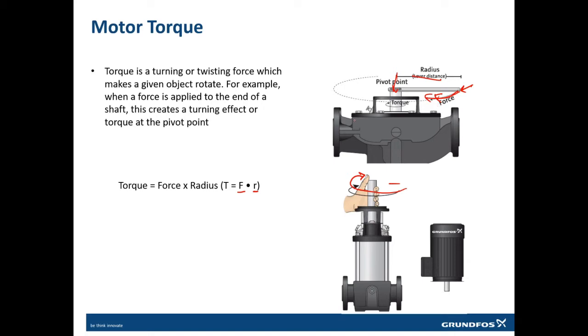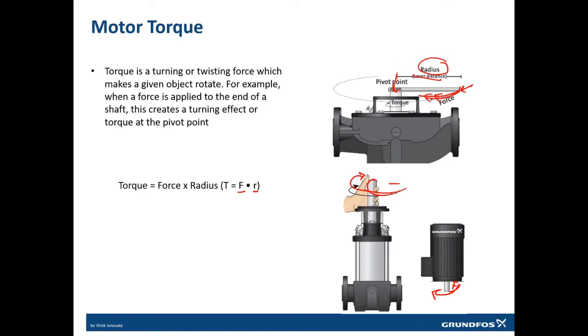But when we talk about the motor generating torque or power, it is the very same, because the motor will also generate rotational torque, and will also rotate with some radius. And the motor will also apply some force, because if this is the pump, the bare pump, and you try to rotate it with your own hand, you need to push around this shaft.